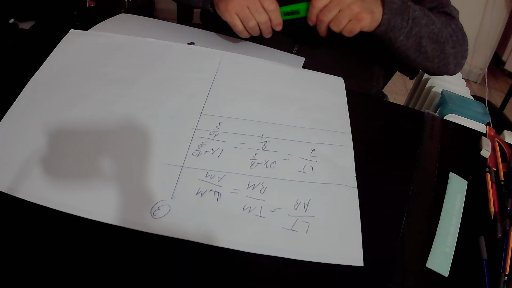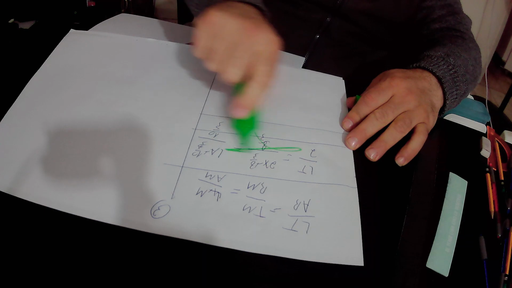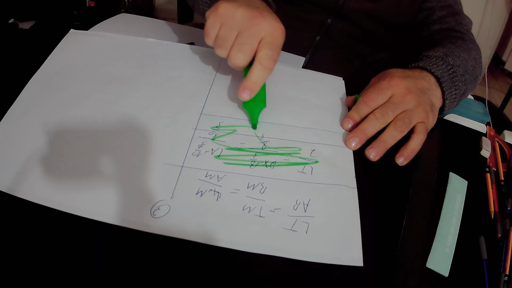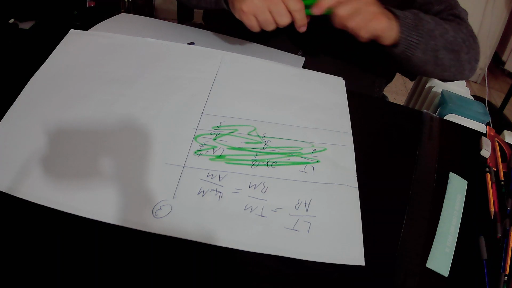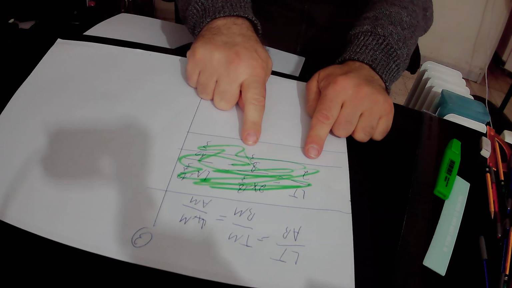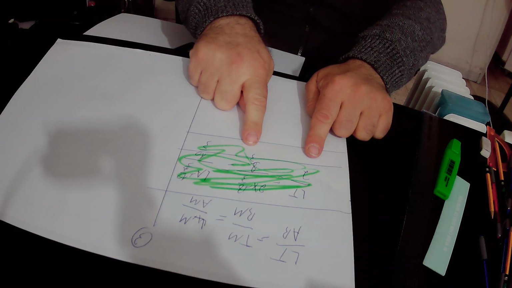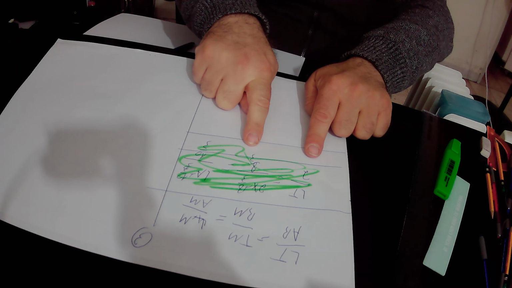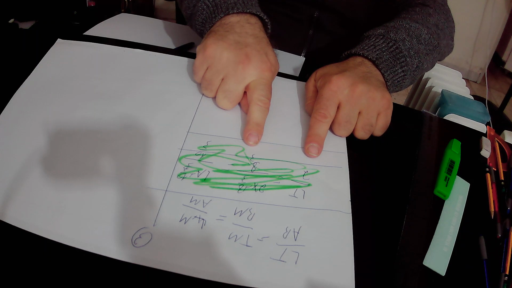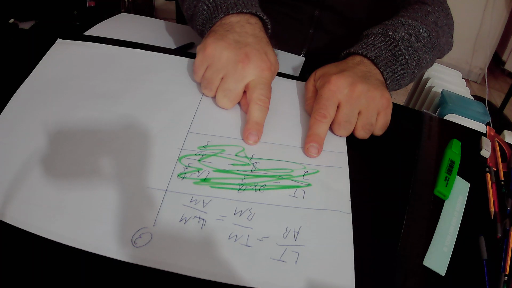So we focus on this long equation. In this long equation, those two expressions are equal to each other. Therefore, we create equation 1 from those two sides of expressions that are equal to each other.